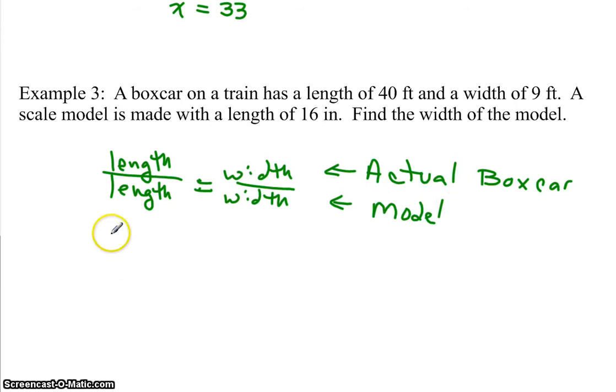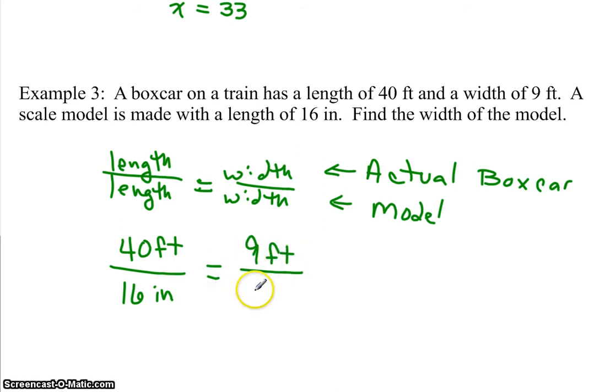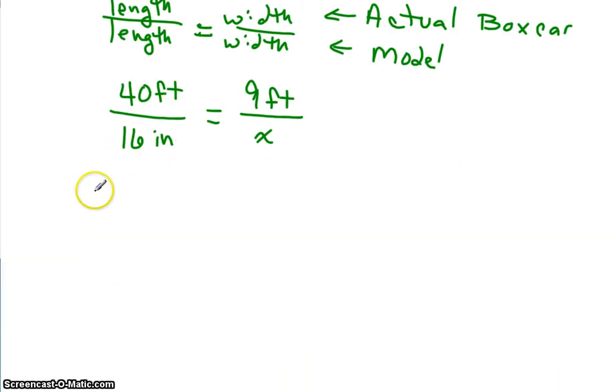So as I solve this problem, I get 40 feet on the actual to 16 inches on the model equals 9 feet for the width of the actual to x for the width of the model. Now I'm going to solve this, and it's important to keep your dimensions with this.